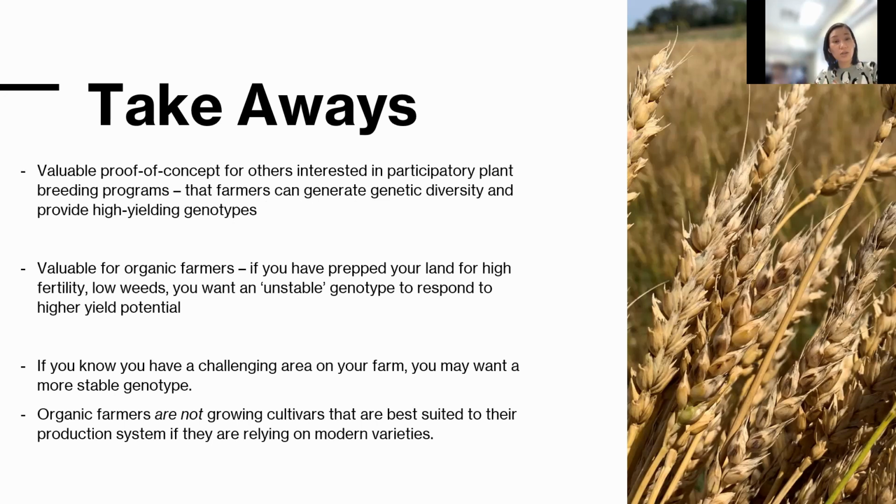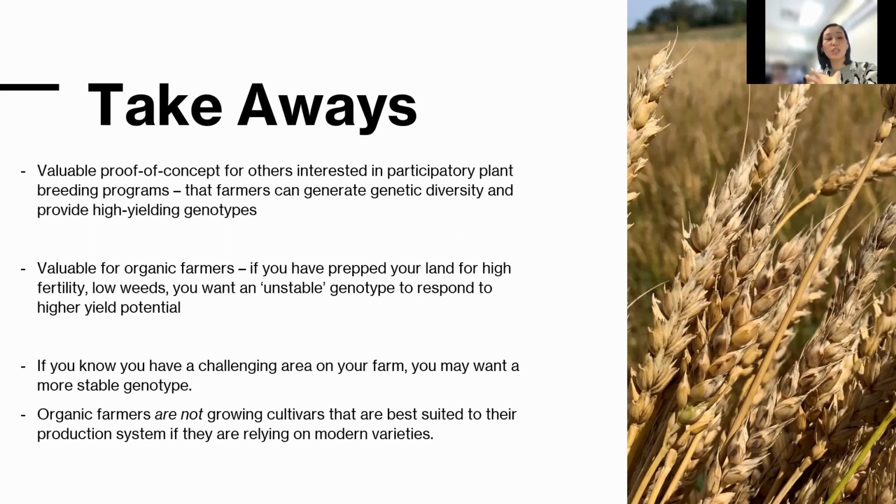And this data is also useful for organic farmers because that high yield, low stability is not necessarily a bad thing. If you've prepped your land for high fertility, low weeds, and you want bang for your buck for the effort you put in, then you may want an unstable genotype that's able to respond to higher yield potential.